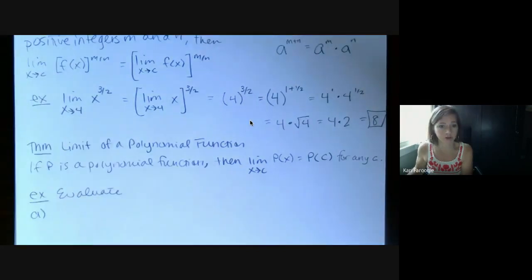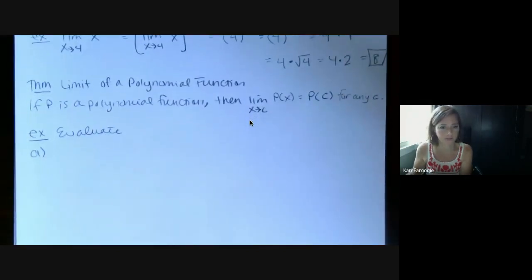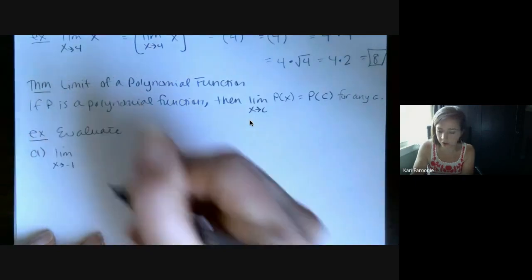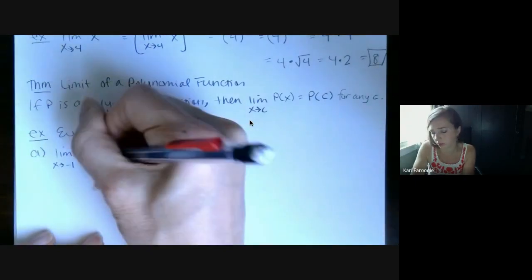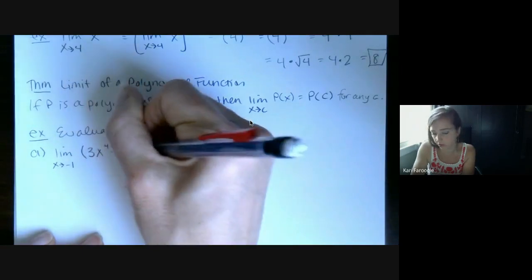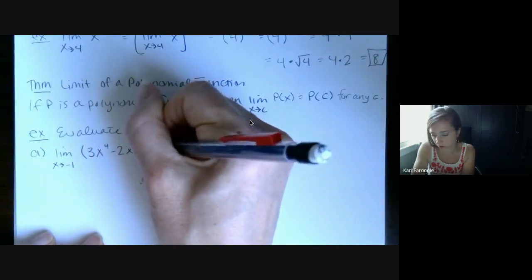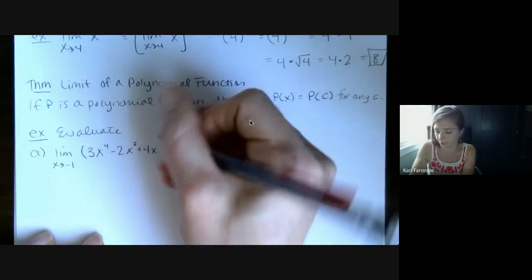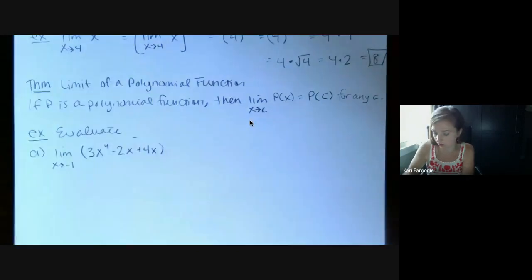We're going to evaluate the following limits. We'll take the limit as x approaches -1 of 3x to the 4th minus 2x cubed plus 4x. This is a cube. I'm going to rewrite my 3 so it looks more 3-ish.